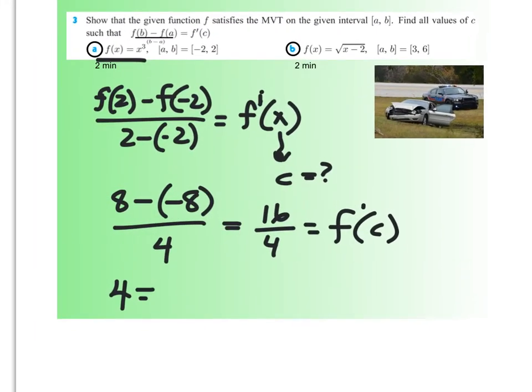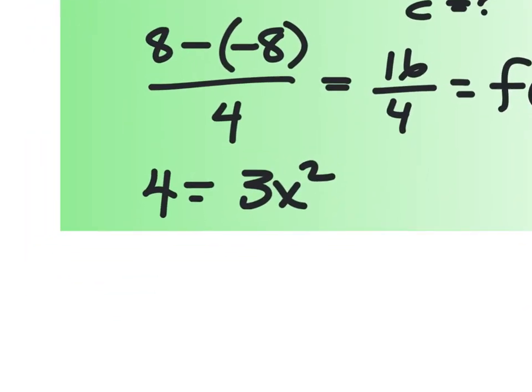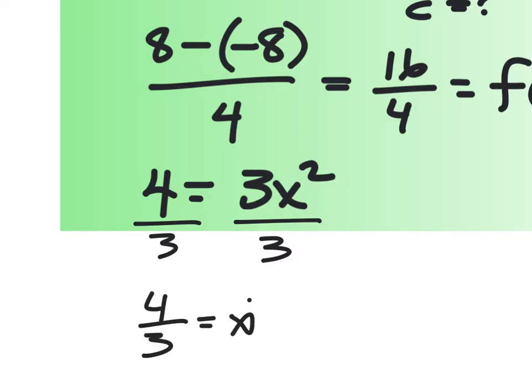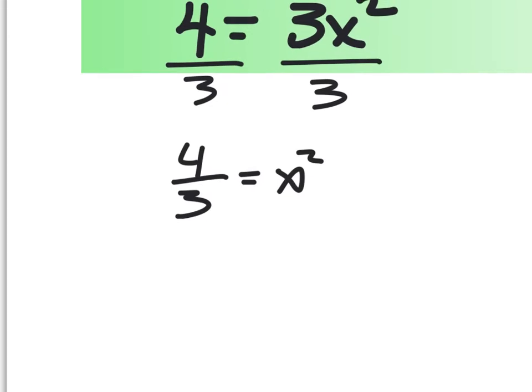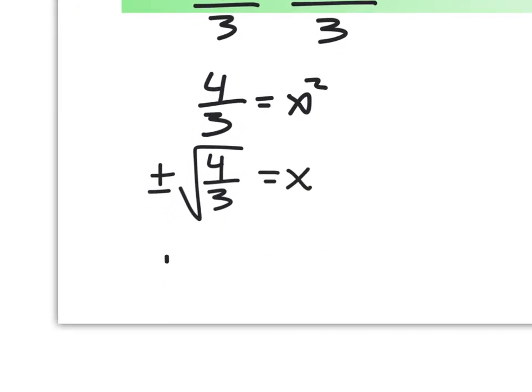Well, what I would do is take the derivative of f of x. The derivative of x cubed is 3x squared. And then solve for x, and that will be c. So I divide by 3 on both sides. I get 4/3 equals x squared. And therefore x would equal plus or minus the square root of 4/3, which would be plus or minus 2 over root 3.